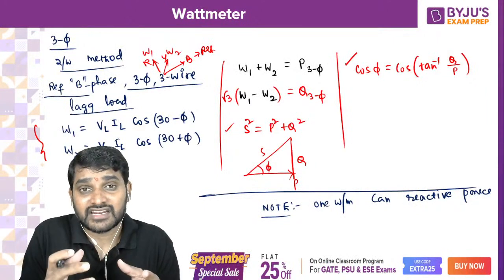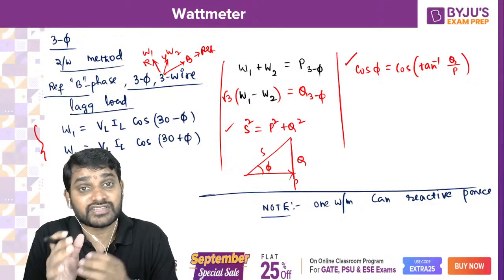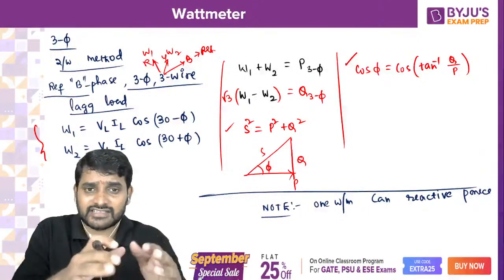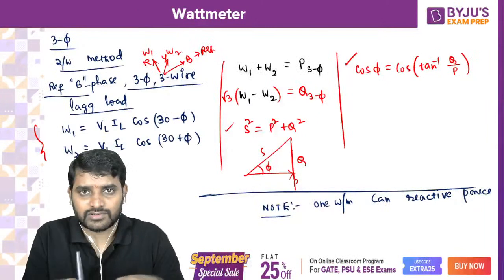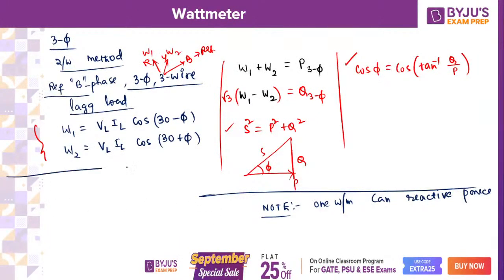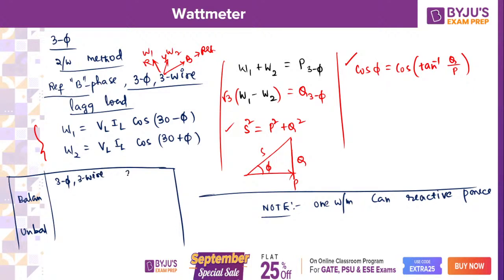How many wattmeters are required to measure the active power in a 3-phase 3-wire system? 2 wattmeters. Whether it is balanced or unbalanced doesn't matter. Let me show you the table also.